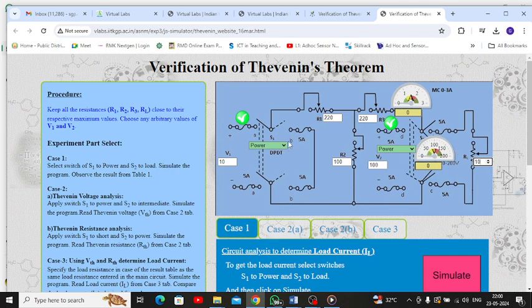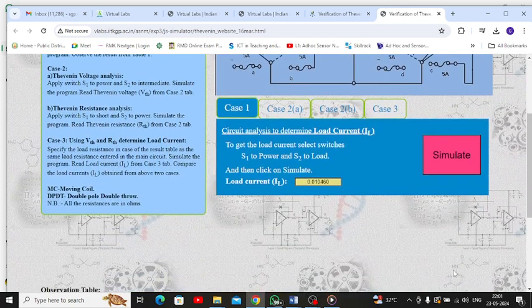What is case 1? Making the first switch to power and the second switch to the load condition. This is a setup where we are going to measure the load current. Simulate.